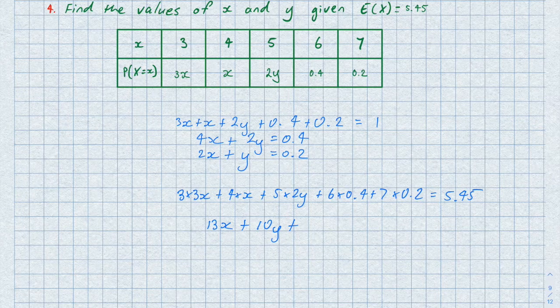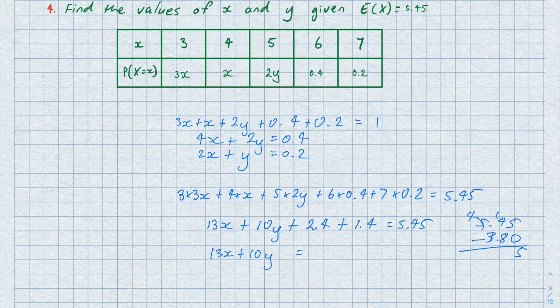We've got 6 lots of 0.4, that's 2.4. 4 6s are 24. 2 sevens are 14, so 1.4. 2.4 and 1.4 are 3.8. So 13x plus 10y equals 5.45 minus 3.8. So let's borrow 1 there. 1.65.